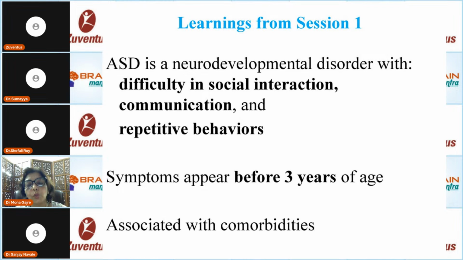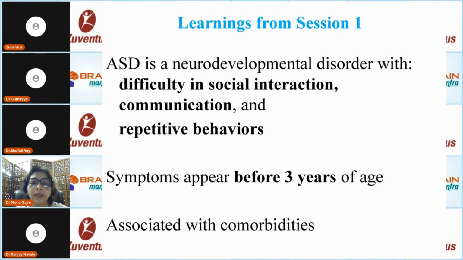It could be visual, touch, taste, smell, vestibular, or proprioceptive. In the first video, the child was jumping up and down and pushing his toys behind him. That is again a type of repetitive behavior, which could be because of his sensory issues, or it could even be a pure repetitive behavior.